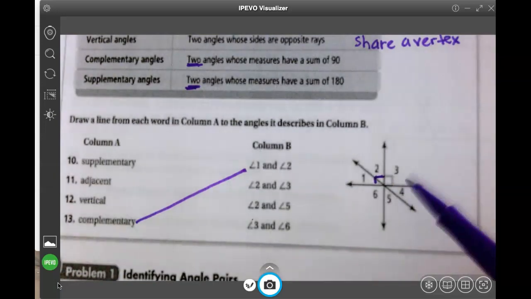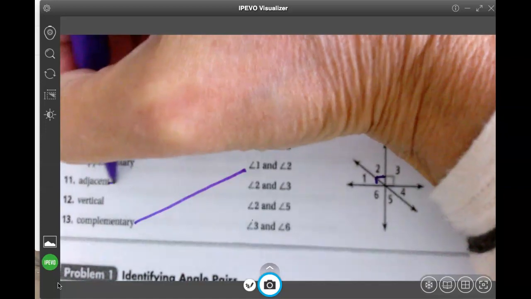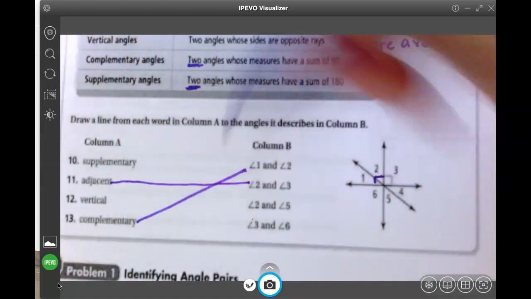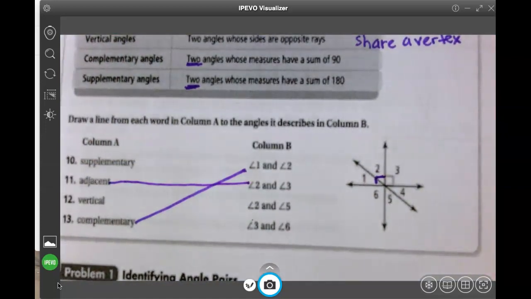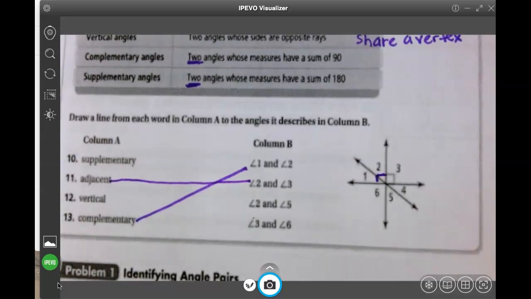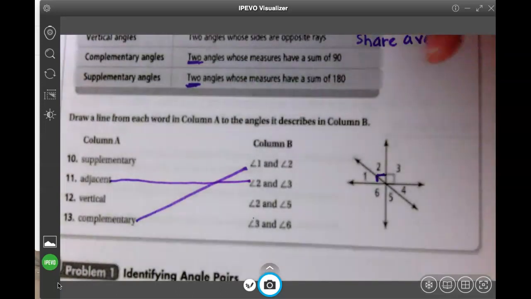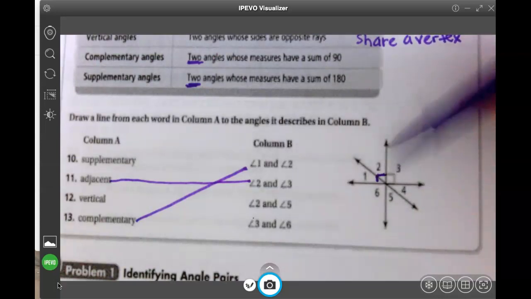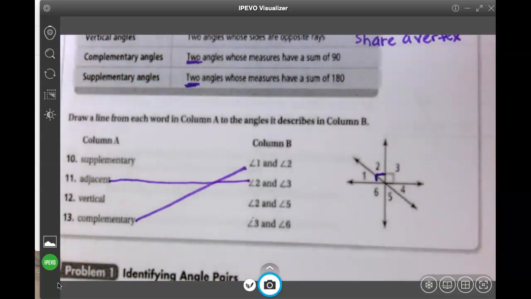Because they're directly beside each other, we would say that they are adjacent to each other. They do share a vertex, yes. And it says up here at adjacent, it says common side. They share a common side, a common vertex. And so that's what that's talking about.